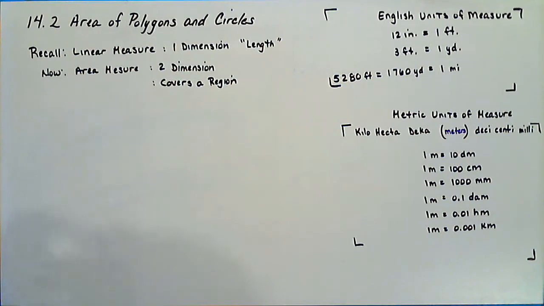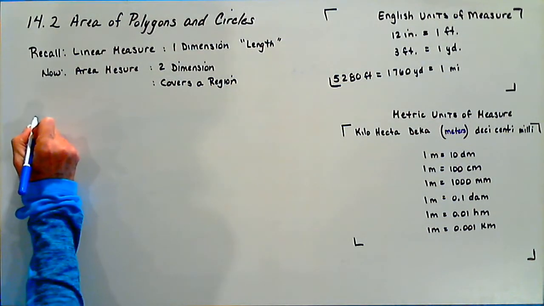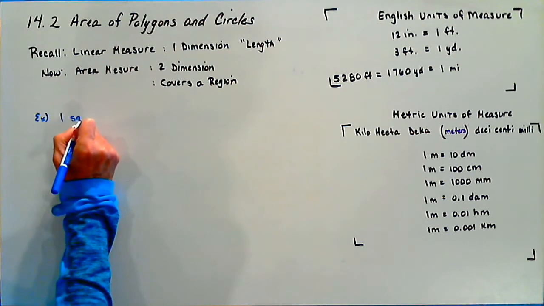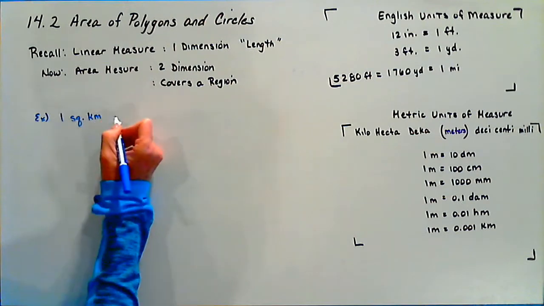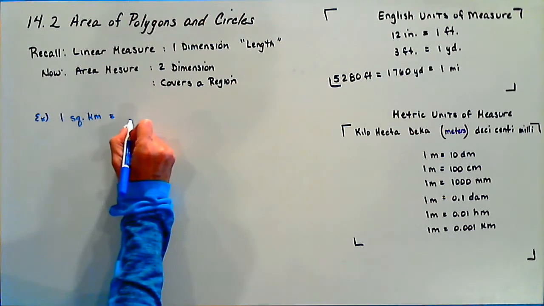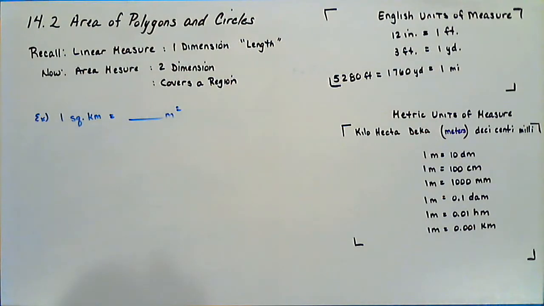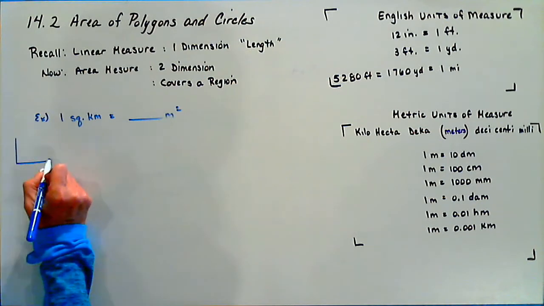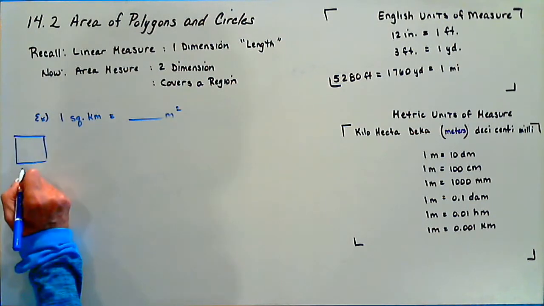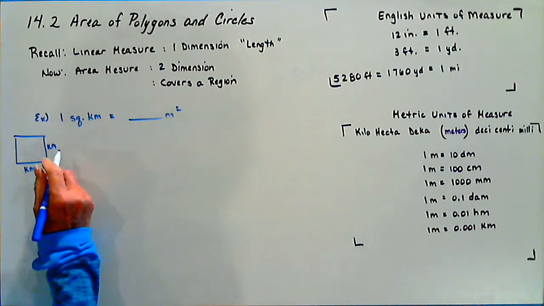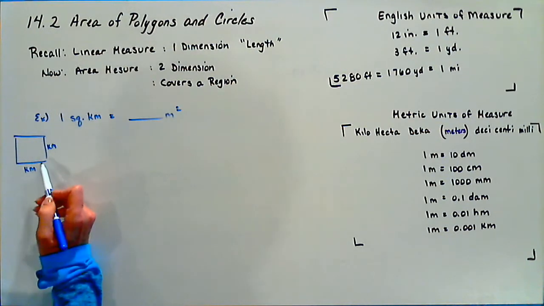All right, so let's try it with some of the metric. Let's say I have, for example, 1 square kilometer, and I want to change that to meters. So exactly the same thing. We could, of course, draw a picture. And I have 1 kilometer by 1 kilometer, which makes a square kilometer.